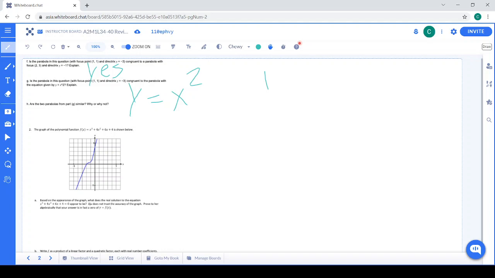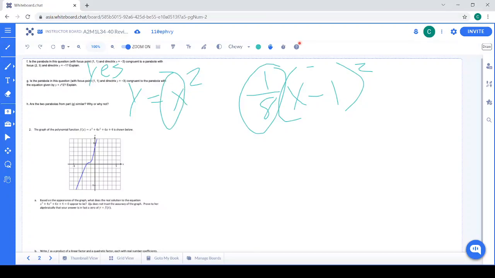Because our other coefficient was 1/8, right? x minus something, all that squared, right? What was it? Minus 1. Well, here we have a 1/8. Here we just have a 1. So that tells you right off the bat that no, that is not a congruent parabola. Now, is it similar? Yes, all parabolas are similar. We can always dilate, translate, and rotate to make them similar. But no, it is not congruent.